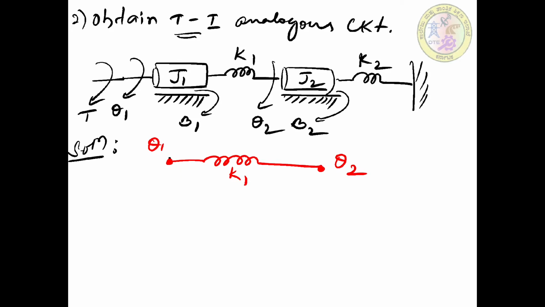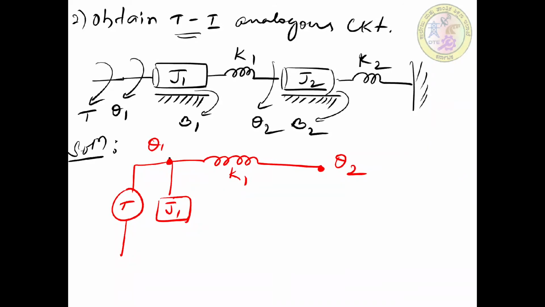Then at theta 1 we have the applied torque T as well as the mass of inertia J1. At the same time B1 is also connected, B1.